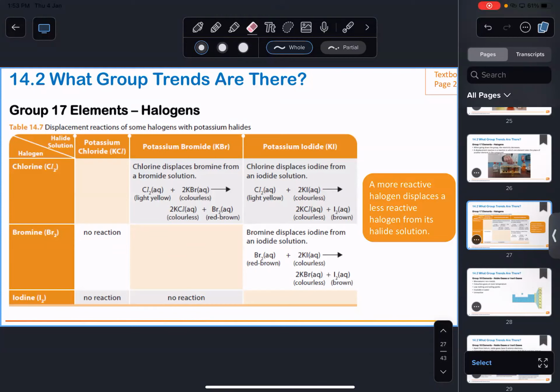So what is displacement? For example, we say chlorine is able to displace. When we talk about displacement, it's always the reaction of a halogen with a salt containing a halogen. For example, chlorine reacting with potassium bromide.